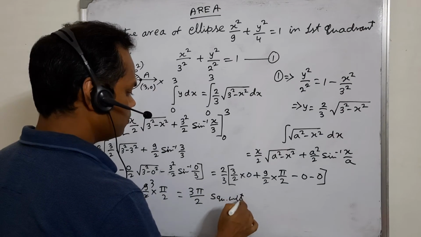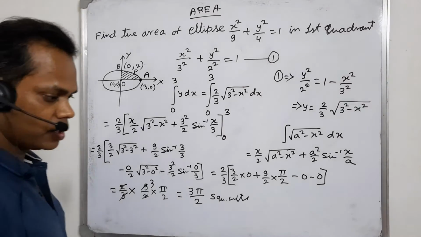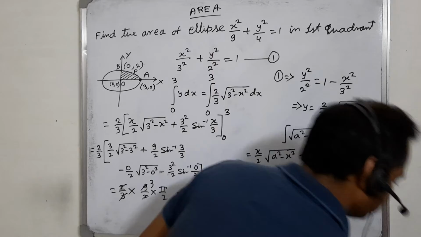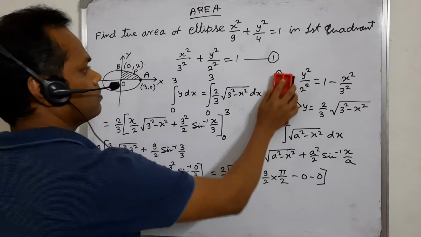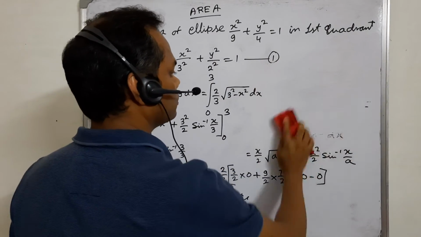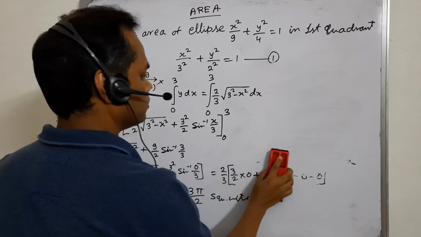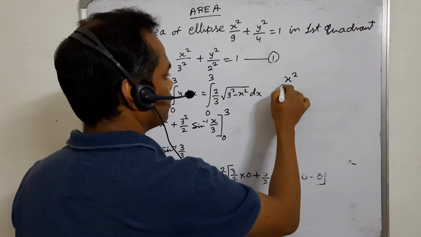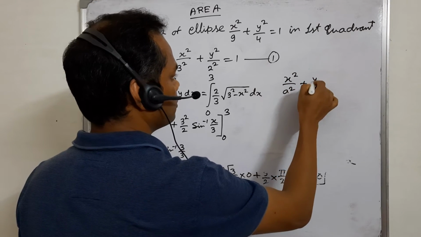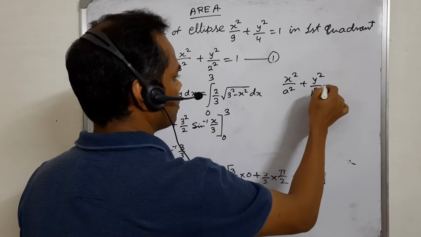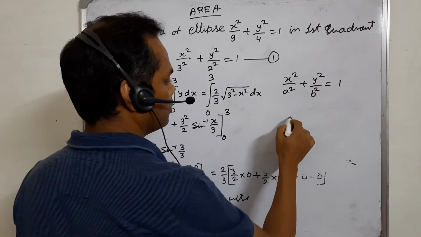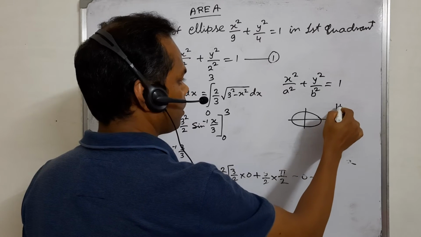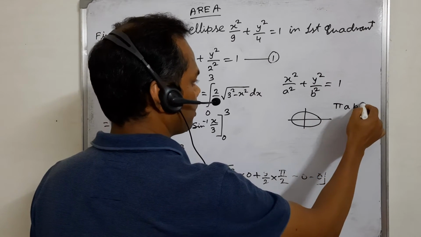For MCQ type of sums, we can solve by using this formula. Now students, see that if the equation of the ellipse is x square by a square plus y square by b square equals 1, then the area of the total region is pi a b square units.